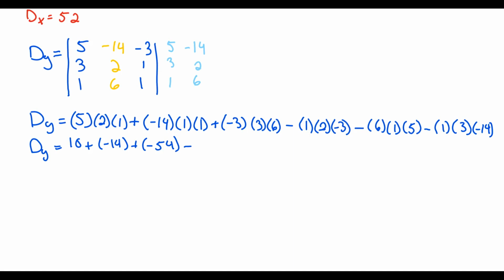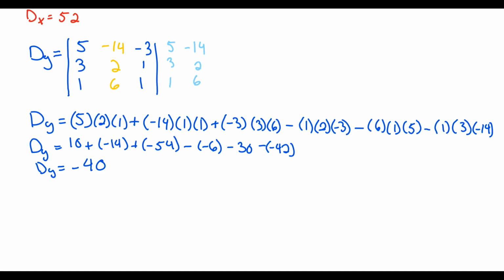Minus 1 times 2 is 2, times a negative 3 is a negative 6, minus 6 times 1 is 6, 6 times 5 is 30, minus 1 times 3 is 3, 3 times a negative 14 is going to be a negative 42. Watch your signs because these become positive here. D sub y is going to become a negative 40.